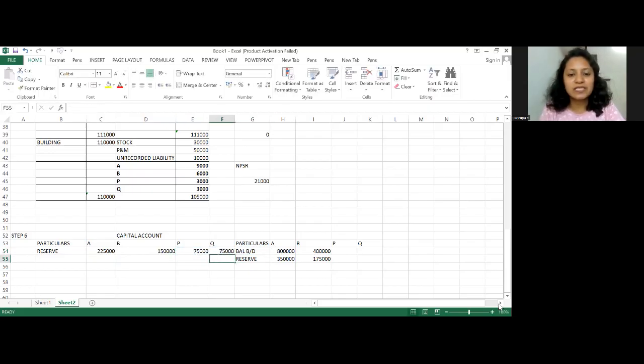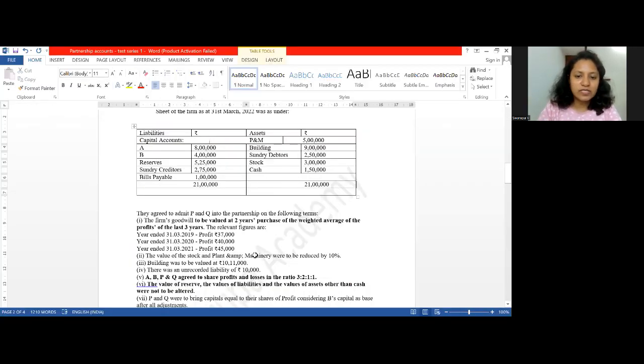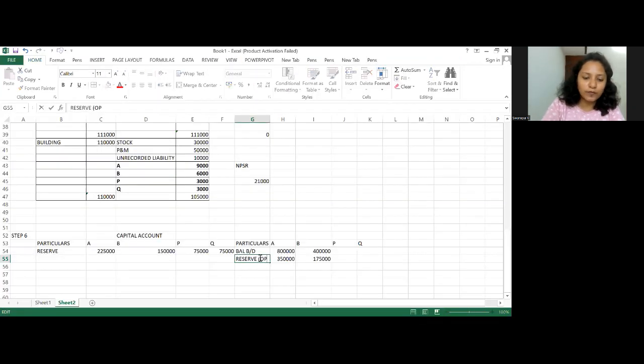Okay. So this 75,000 each, P and Q is going to bear it, so that in future, whenever the reserve is getting distributed, they get the respective share. So reserve, write off in old profit sharing ratio and then create again in the new profit sharing ratio.